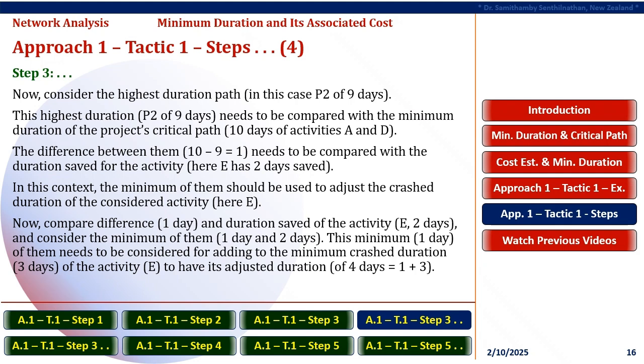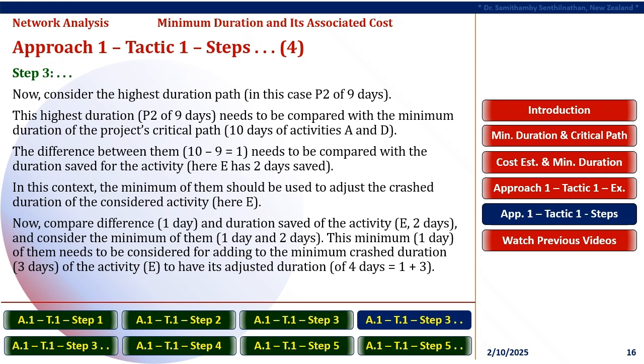The difference between them, that is 10 days minus 9 days equals 1, and this needs to be compared with the duration to be saved for the activity. In this case, activity E has 2 days saved. In this context, the minimum of them should be used to adjust the crashed duration of the considered activity, here activity E. Now compare the difference of 1 day and duration to be saved of the activity E, that is 2 days, and consider the minimum of them, that is between 1 day and 2 days.